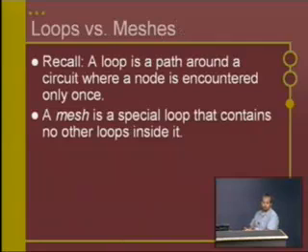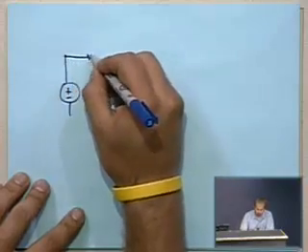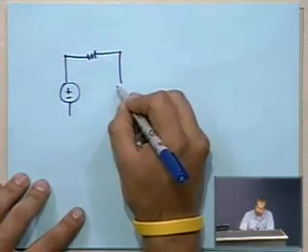Just in terms of an illustration, to make sure that you're really clear on the difference between a loop and a mesh, it's a really simple little idea. So here's a little voltage source, and I'm not going to bother labeling a lot of these parameters because it's not important.